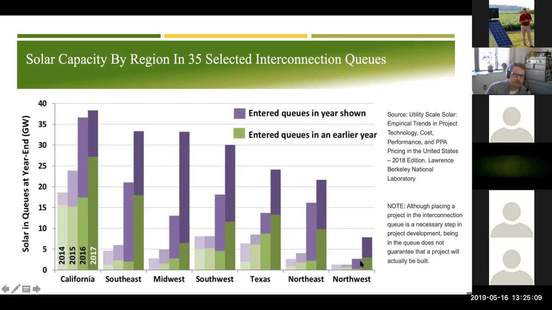I think the report called out that in 2015, 42% of all the projects in queue were in California. Fast forward to 2017 and look at what's happening in the Southeast and the Midwest, and how many utility scale projects are now in queue for development in our region. So this type of development is moving into our area, I guess is what I'm saying.